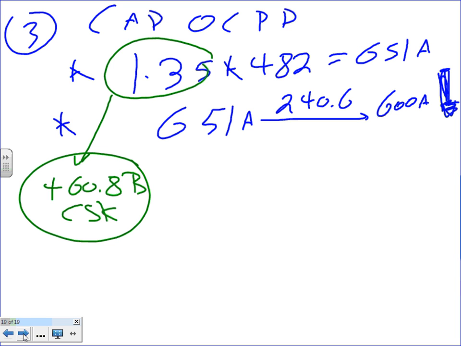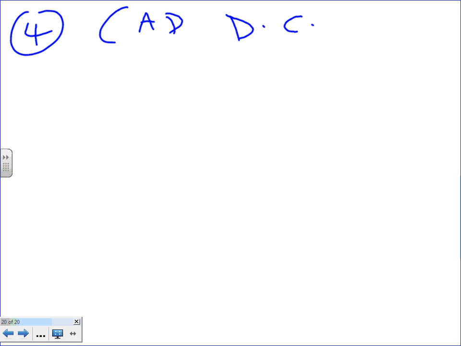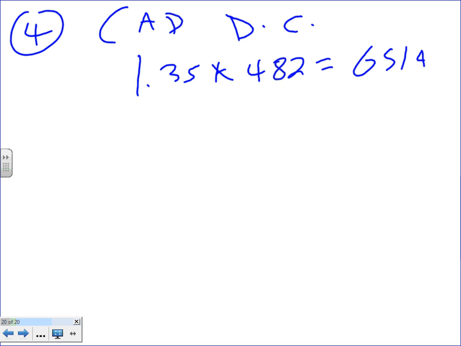Last one, number 4. As you guys think, number 4 is the cap disconnect. The cap disconnect, guys, the same thing. 1.35 times 482. That will give me a healthy 651 amp. That's the same rule.